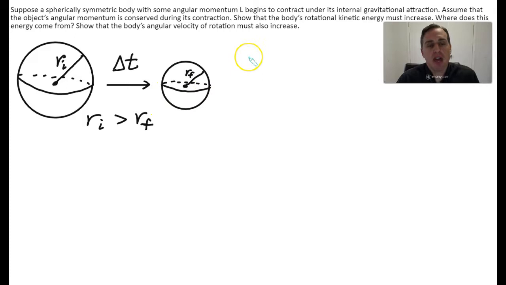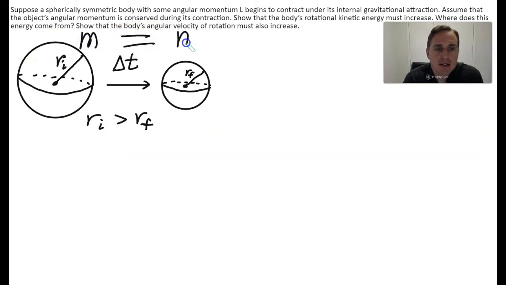The sphere has contracted under its own weight, that is under its gravitational attraction. Let's also assume that the mass of the object is constant. So if this object has mass m, later the mass is still m. It's the same amount of mass here, the same amount of molecules, and so on.